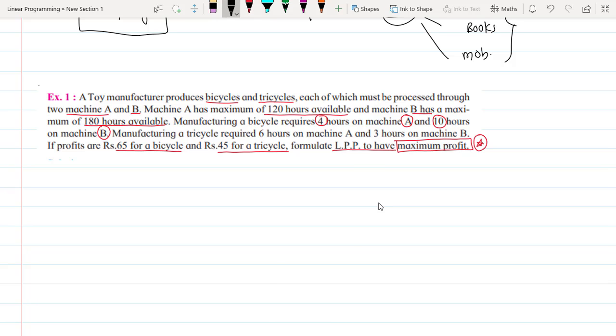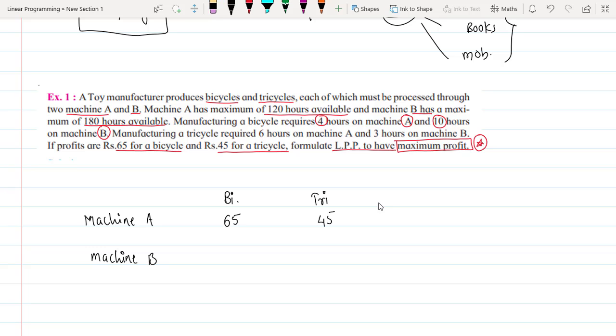सो लेट्स राइट डाउन दोज बाइसिकल्स एंड ट्राइसिकल्स हियर. So suppose we have this as a bicycle and this is a tricycle. एक बाइसिकल पे प्रॉफिट कितना आ रहा है, 65 रुपीज़, ओके, एंड एक ट्राइसिकल पे प्रॉफिट कितना आ रहा है, 45 रुपीज़, ओके, वेरी गुड, ओके. सो बट फॉर मैन्युफैक्चरिंग दिस बाइसिकल्स एंड ट्राइसिकल्स there are machine A and machine B, okay, through which these bicycles are processed, machine A and we have the machine B, okay.